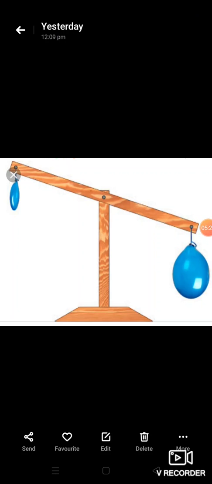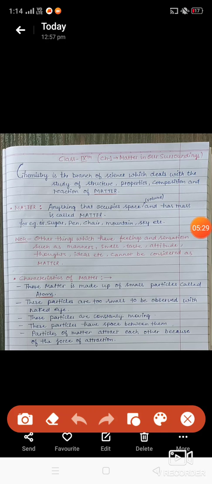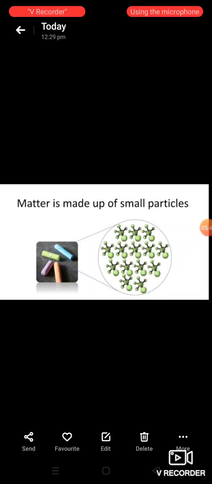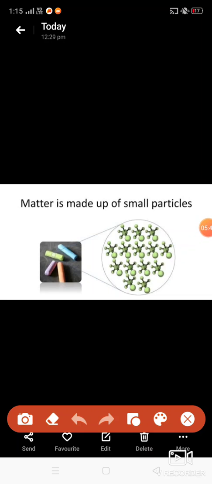Now we are going to talk about the next topic, that is characteristics of matter. First characteristic of matter is that matter, or substances, is made up of small particles called atoms. See this picture. It is a chalk, and this picture shows that all matter is made up of small particles.